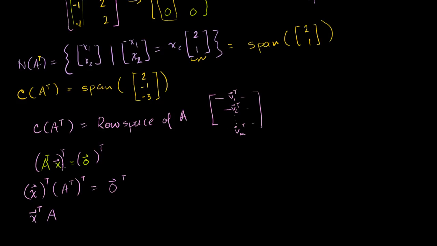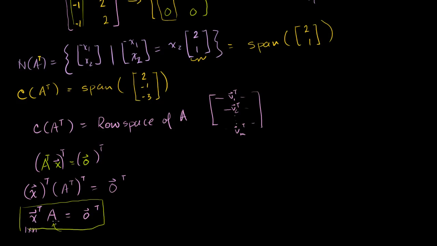If this was a member of Rn, this is now going to be a 1 by n matrix. Now it's essentially, we kind of switch the orders and we multiply it times the transpose of the transpose. We just get the matrix A, and we set that equal to the transpose of the 0 vector. Now this is interesting. We now have it in terms of our original matrix A.